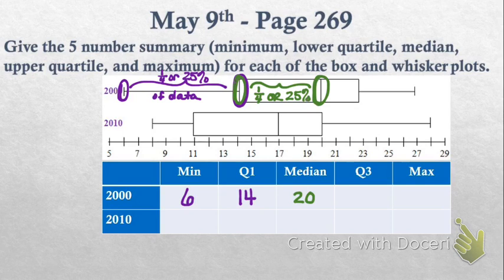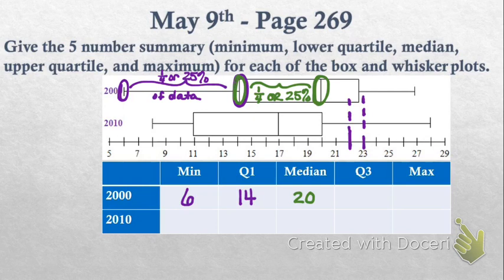What is our upper quartile, Q3? 22 would be right here. Here's 23. So it looks like it's right about at 22.5.